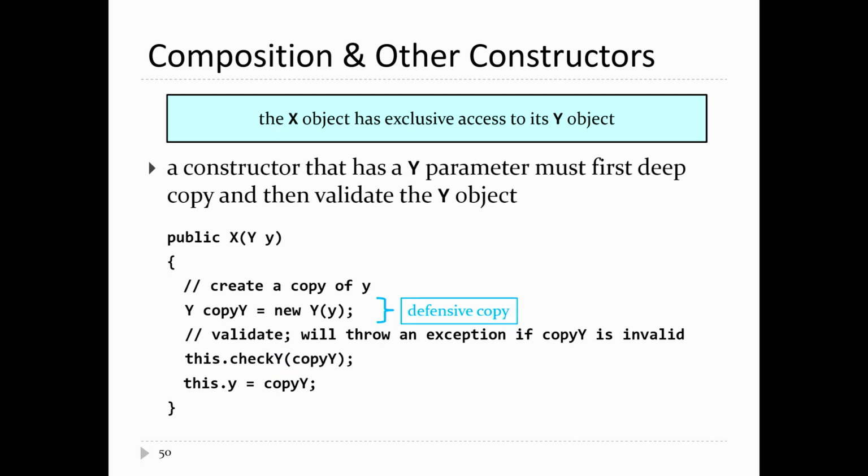I don't know what it has to do because in general it could be anything, so I've just got this made up method called check Y. Only once you pass the validation can you go ahead and set this Y to be equal to the copy. Now the class has insulated itself from whoever has a reference to that original Y, because that person does not have a reference to the copy.